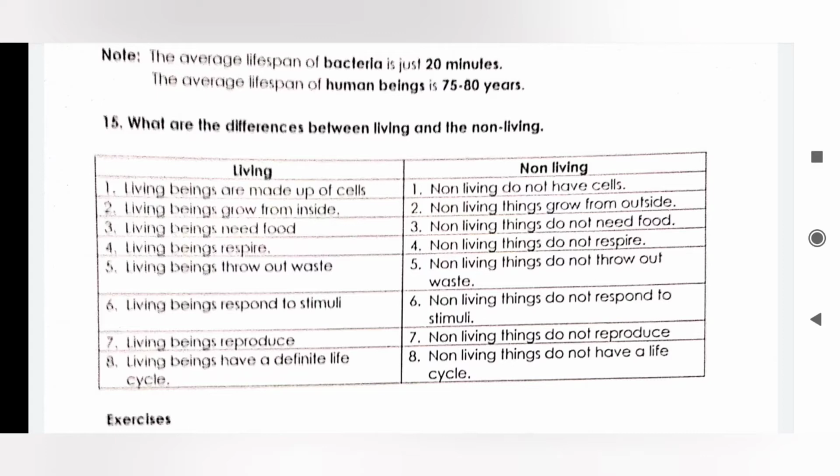A tiny baby is born and it grows into a child and it enters into an adolescent period, then it becomes an adult, isn't it? So the growth is from inside in the case of living things, but non-living things grow from outside.